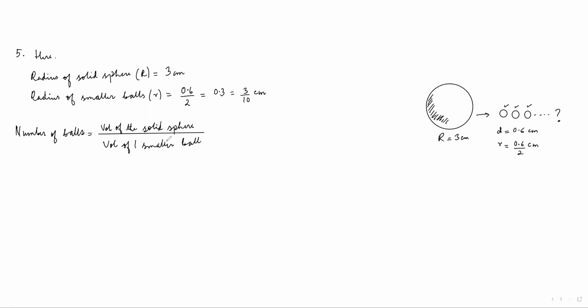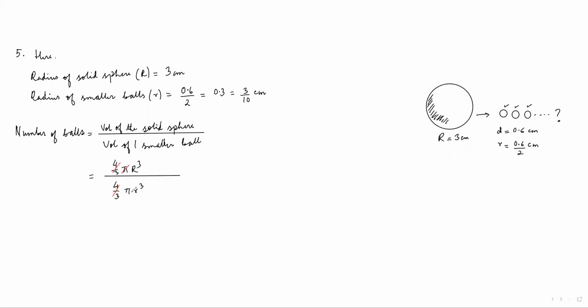Sorry for the handwriting. We just put the formula 4 by 3 pi r cube, and again 4 by 3 pi small r cube. Both are spheres so they have the same formula, only the radius is not the same. So 4 by 3 cancels and pi cancels.